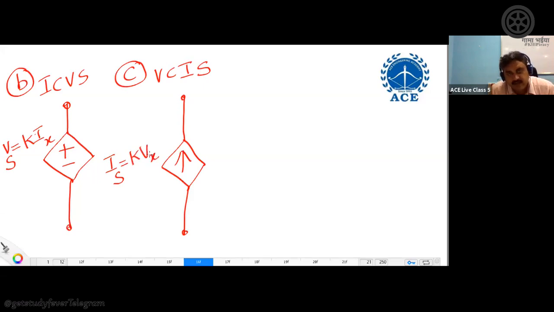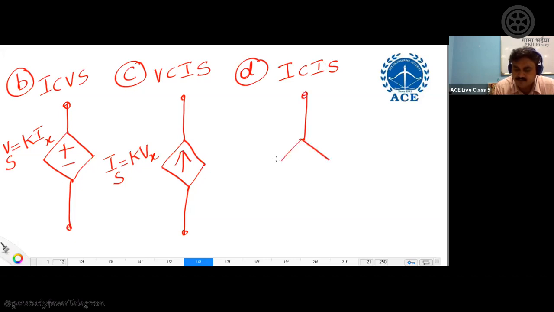So the current depends on voltage across any other branch present in the network. So this is what is called as voltage controlled current source. Again, they can be active as well as passive. Now last one is current controlled current source, ICIS. So it's a current source, same symbol, and it is controlled by current across any other network branch present in the network, IX.